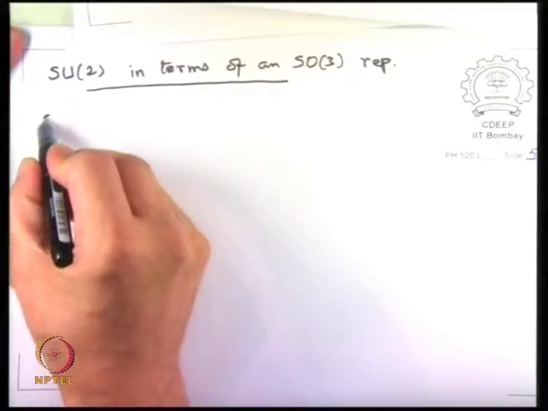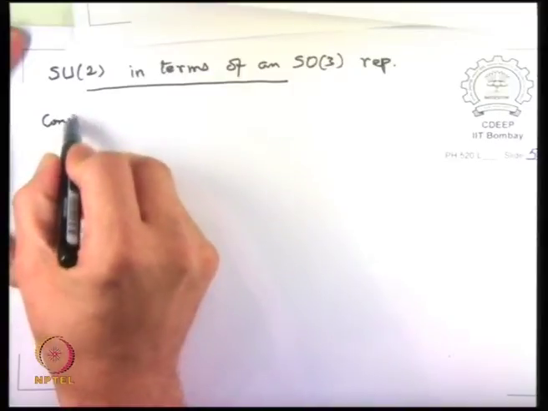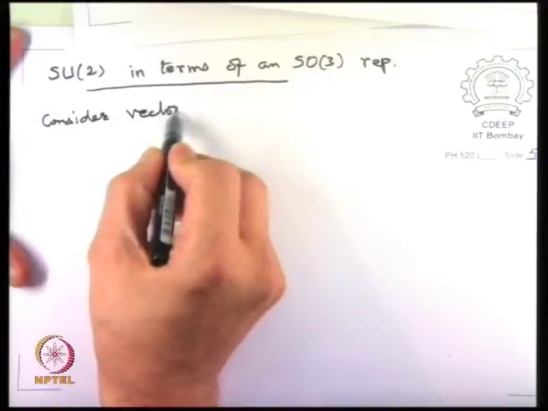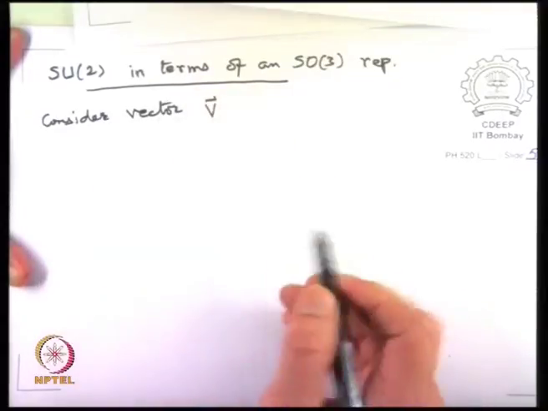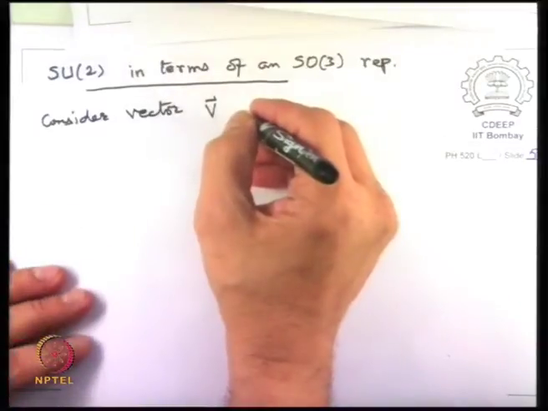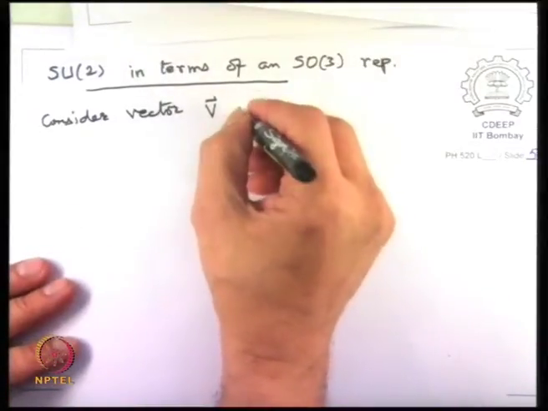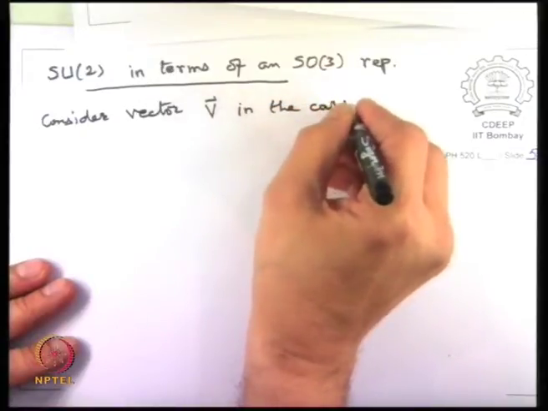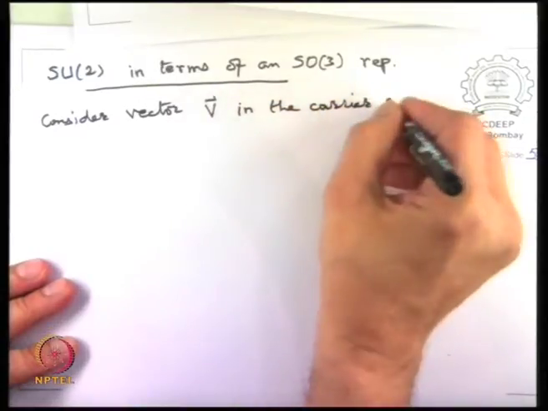Consider vector V, good old physicist notation, which is in the carrier space of SO3.